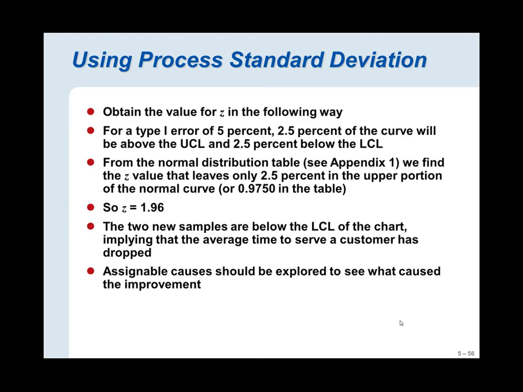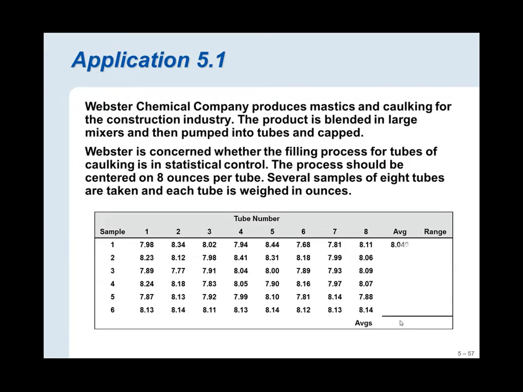Therefore, we can conclude that there is an assignable cause of variation. Therefore, process improvements must proceed. So that's the end of example number 7.